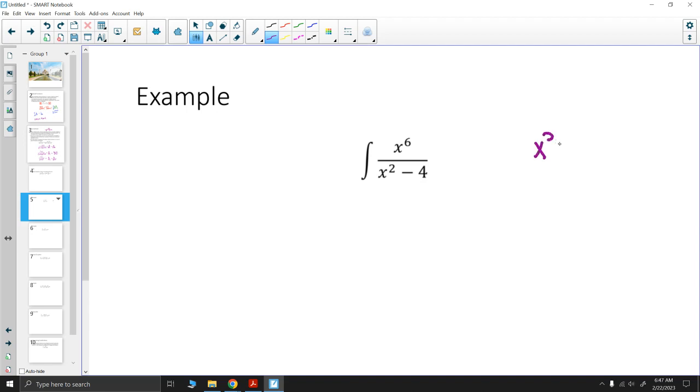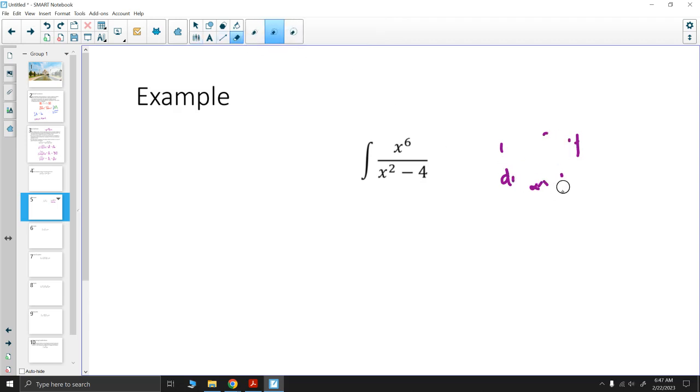Something like, if x squared minus 4 was our u, then du is 2x dx. The problem here is that you could solve for an x squared perhaps, and maybe deal with these things if this was an odd power, but because it's an even power, we need to use one of them for our dx, and so u isn't going to work here.